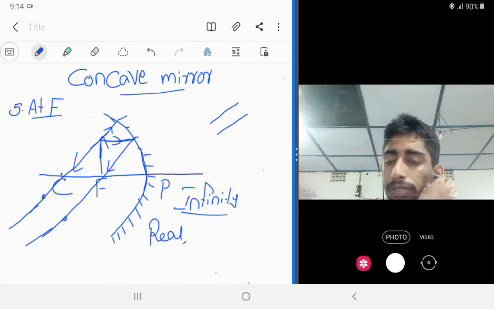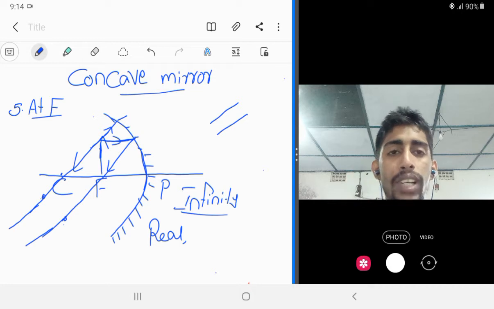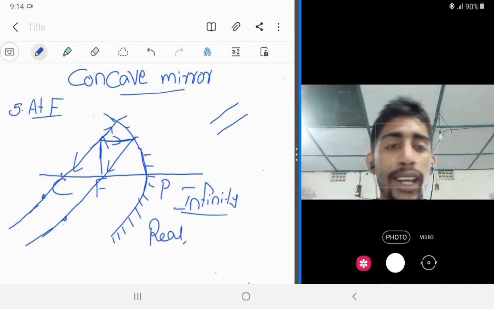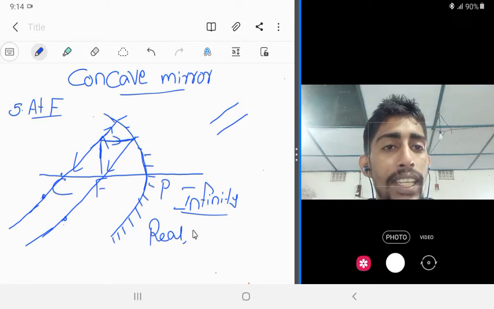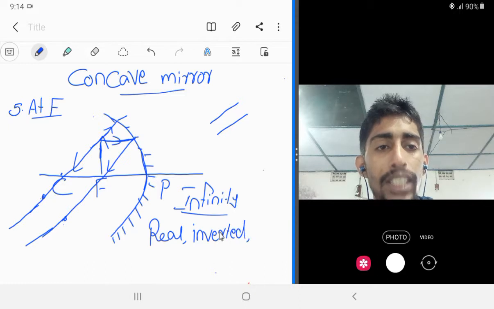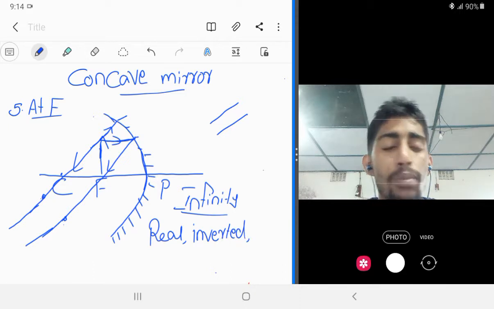Then second one, is it erect or inverted? Obviously the image is in the opposite direction of the object, so it is inverted. Then what about the size?